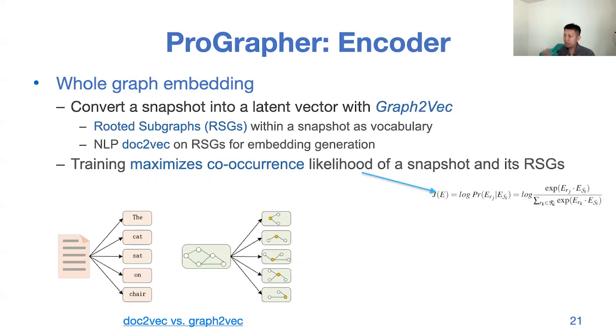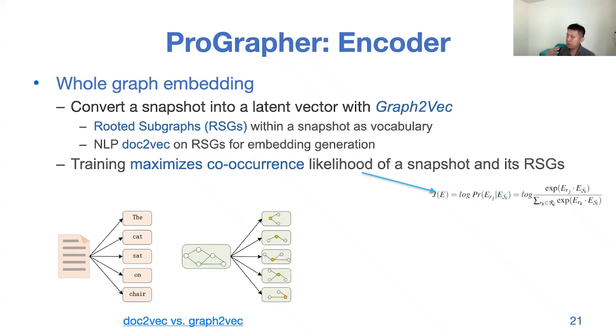They combine all the labels together and use the label aggregation to represent each node, called an RSG, or rooted subgraph. With that, you can create a different word for different graph nodes, just like creating an article. After that, you can run NLP doc2vec on this RSG vocabulary to generate embeddings.